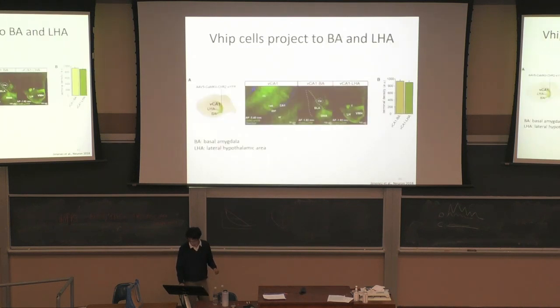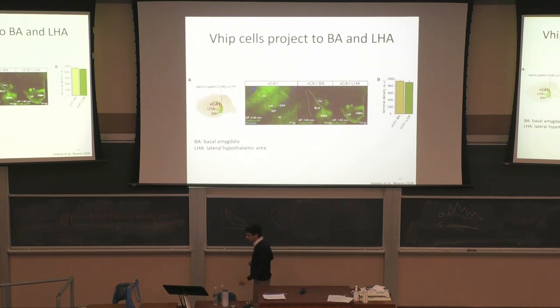Okay, and then they try to see which long-range axon terminals of the ventral hippocampus to different regions might be creating these effects. So they inject a virus in the ventral hippocampus and they see, where do these cells project? Where do these axons go? Where do they end?